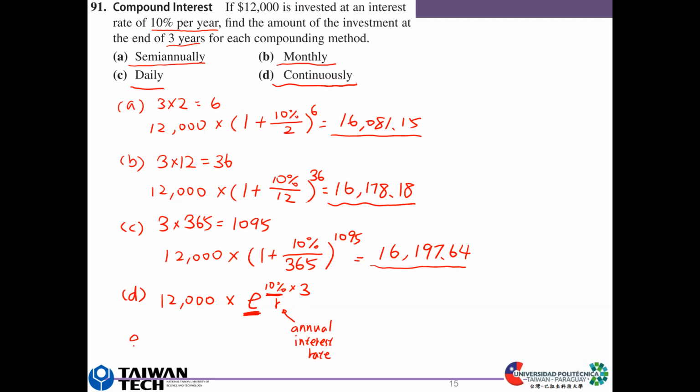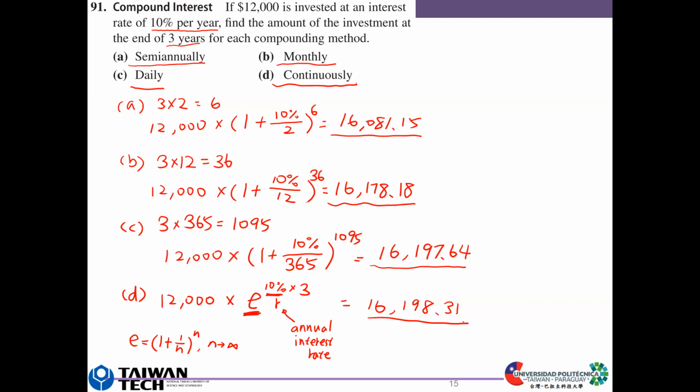Because we have the exponential function, it will be equal to 1 plus 1 over n to the power n, and n is very large. Okay, so if it compounds continuously, which means n is very large, it becomes e to the power of r times 3 years, and its result is 16,198.31.